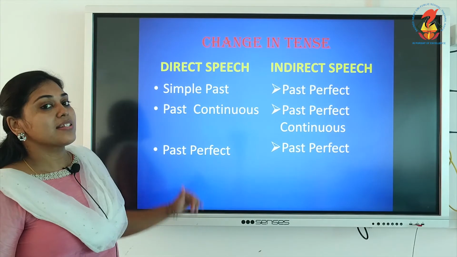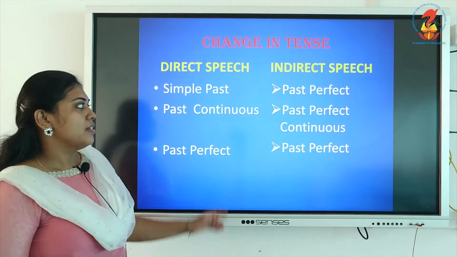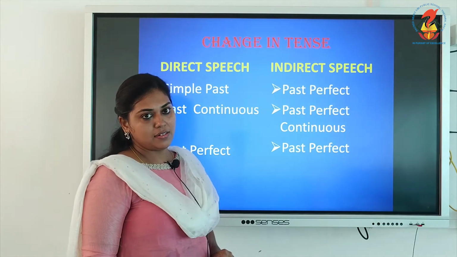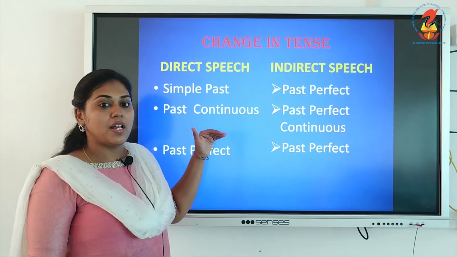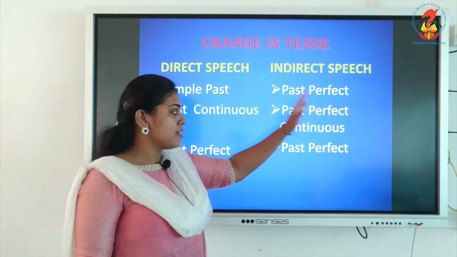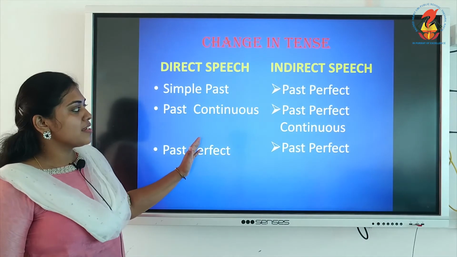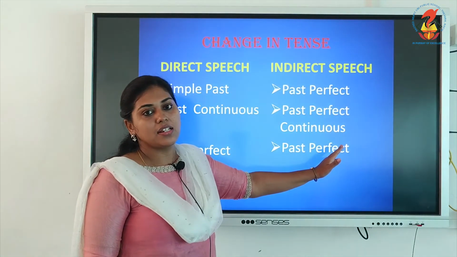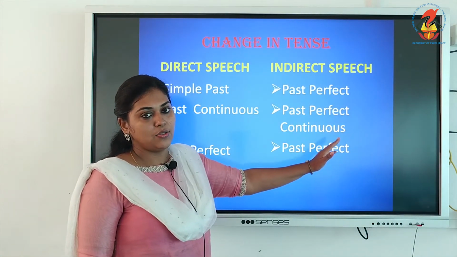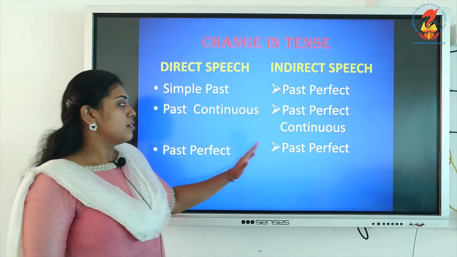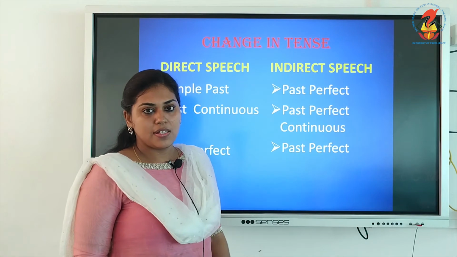When simple past comes in a sentence, you have to remember that you have to use past perfect tense. When past continuous comes in a sentence, we have to use past perfect continuous tense. Then when past perfect comes in a sentence, we can use past perfect itself.